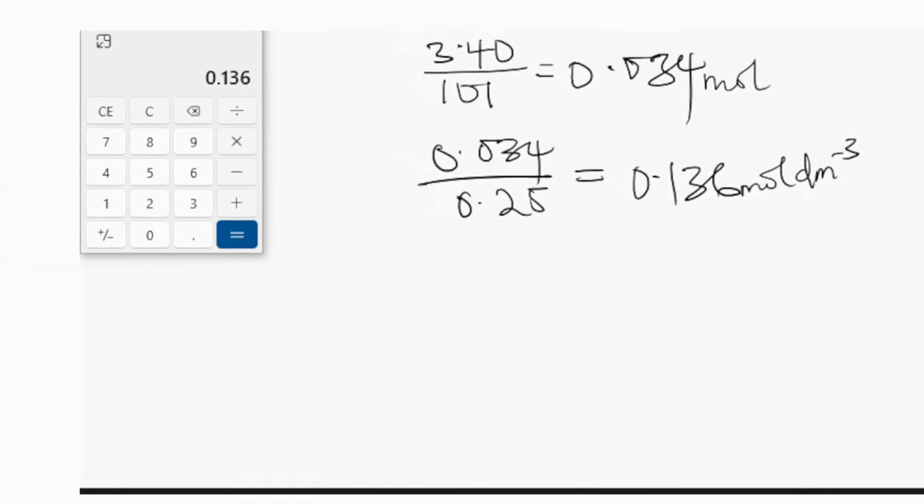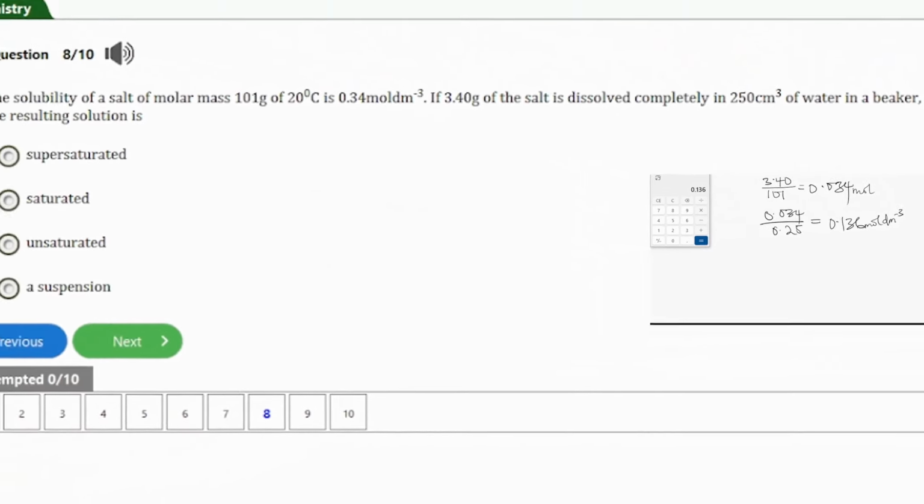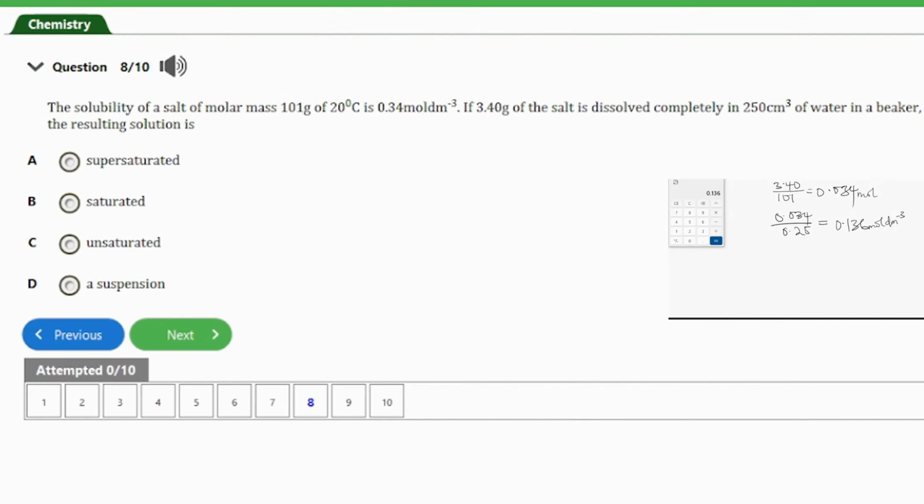So guys, with this, since the resulting solution has a solubility that is less than the 0.34 moles per dm cube, which is the solubility of the salt in the question, it means it is unsaturated.